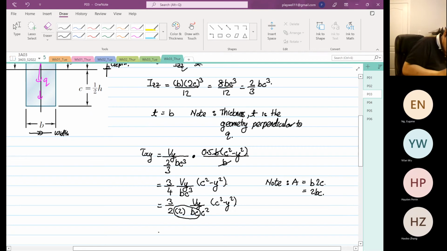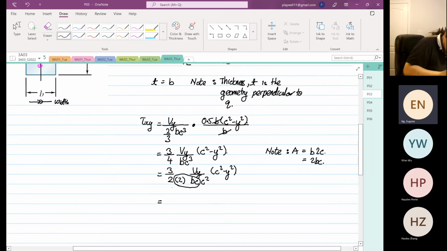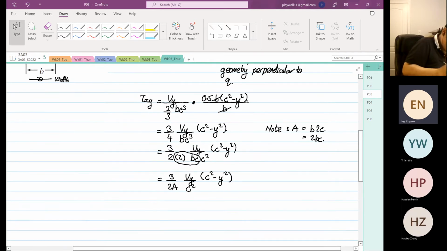to our A. So this will be equal to 3/2 Vy over C squared, right? C squared minus y squared. Then we are going to bring the C squared into the bracket. So 3/2A, Vy is outside.